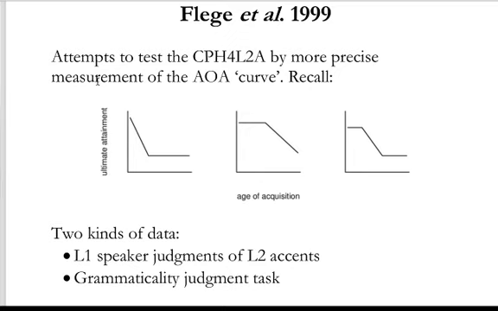If you recall, when we talked about the critical period hypothesis, I suggested that any one of these shapes could be consistent with a critical period hypothesis. These shapes are all slightly different, but what they all have in common is that there's at least one sudden discontinuity in the function from age of acquisition to ultimate grammatical competence.